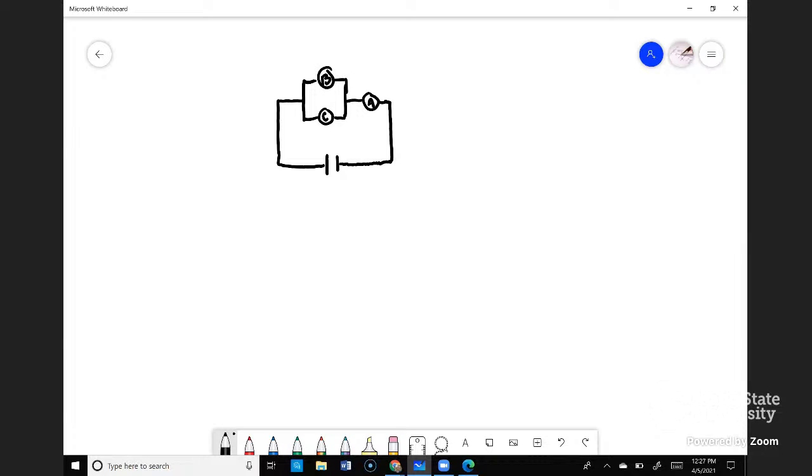Okay, again, we have 1,000 ohms, 1,000 ohms, and 1,000 ohms. You don't have to go through this analysis, folks. This is just something I want to show you so that you can see the numbers all add up.